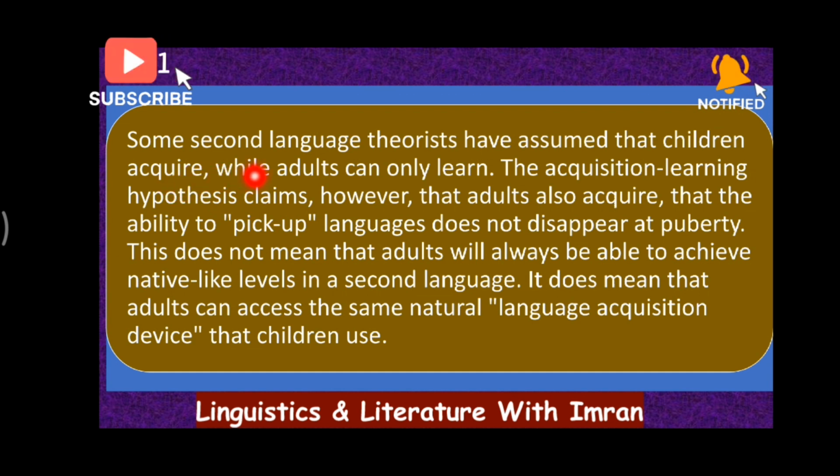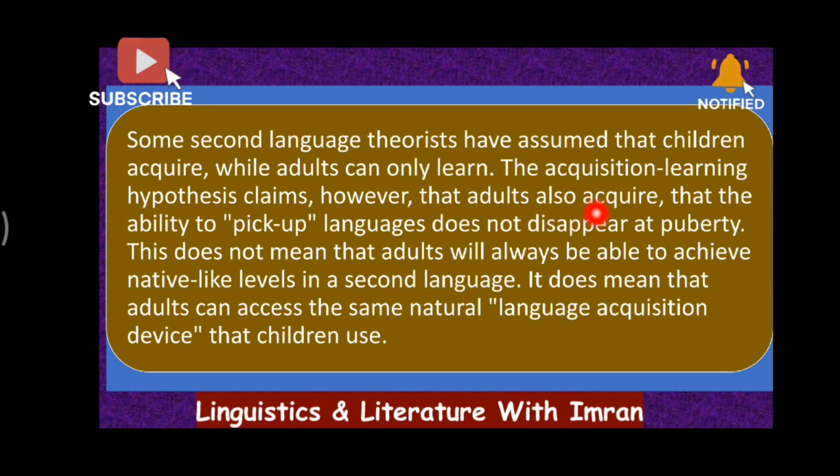Now, some second language theorists have assumed that children acquire while adults can only learn. One of the theories is there, right? That children acquire while adults do not acquire a language. They learn a language. But Stephen Krashen does not agree with them. He thinks that adults can also acquire a language the way a child acquires.